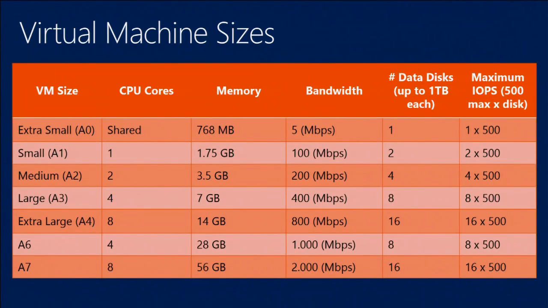But more important, probably, the bandwidth. Depending on the sizing, you will have more or less bandwidth for network access from outside to download or upload content to your virtual machines. So if you are planning to publish a high traffic website, probably it will be better to set an A3 or an A4 at least sizing to have a good bandwidth, because 5 megabit probably could be too little.